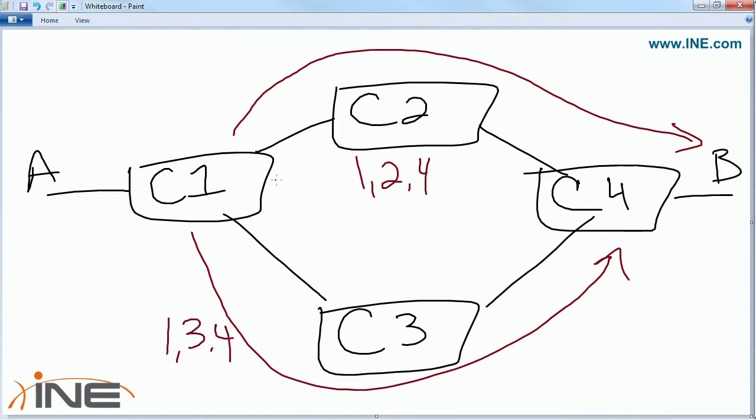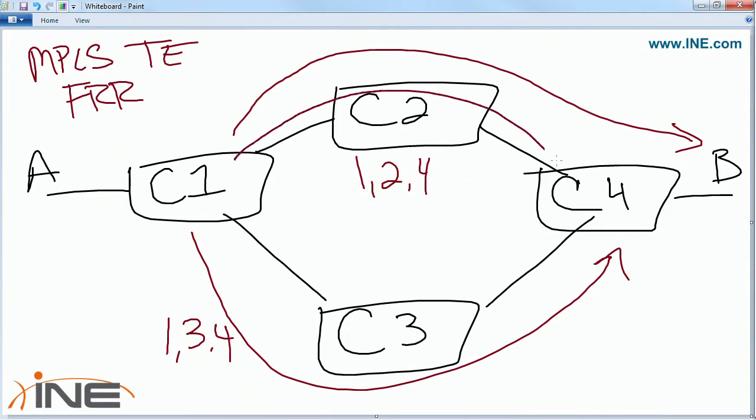What you can do with the traffic engineering, and specifically the fast reroute, which is sometimes called link and node protection, which basically means that from point A to point B, I'm going to try to send my traffic this direction.